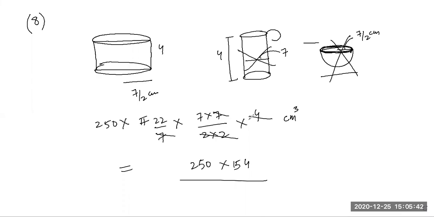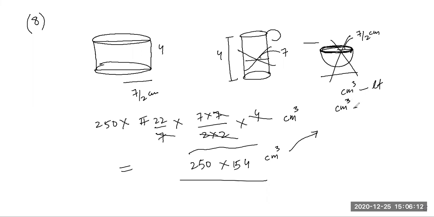Writing the soup in centimeter cube doesn't look good. Better to convert it into liter. So how will you convert centimeter cube into liter? Anyone? By dividing it by 1000.